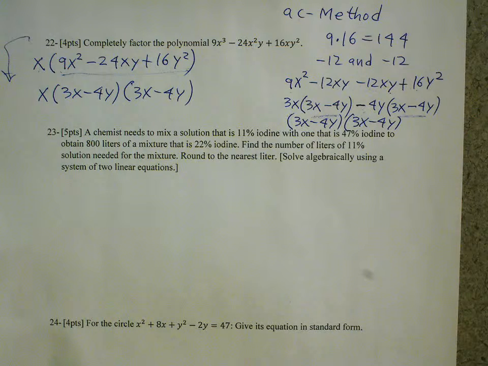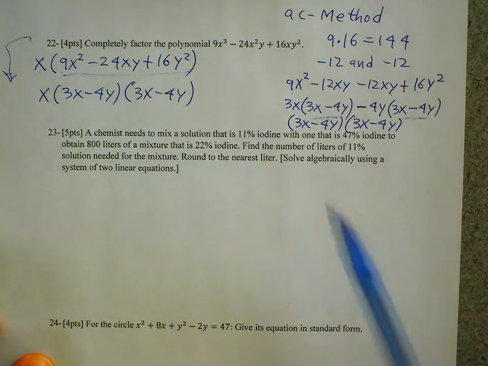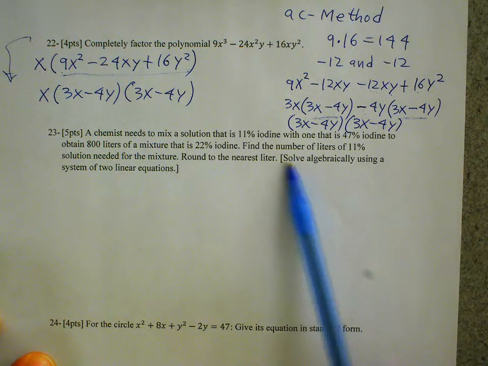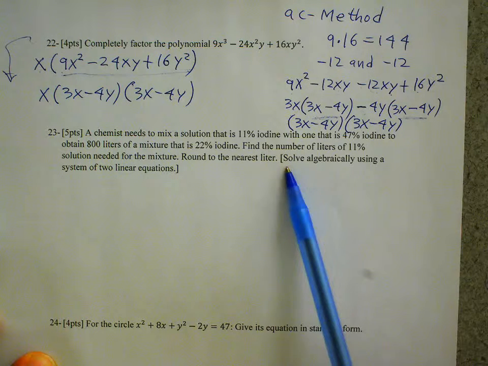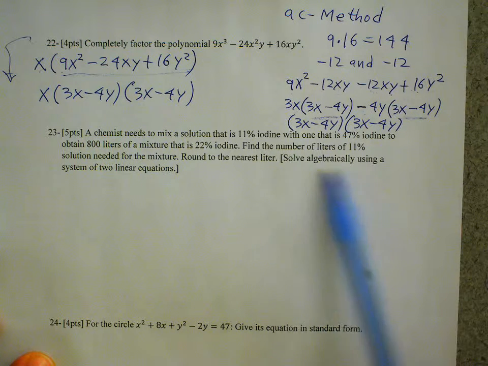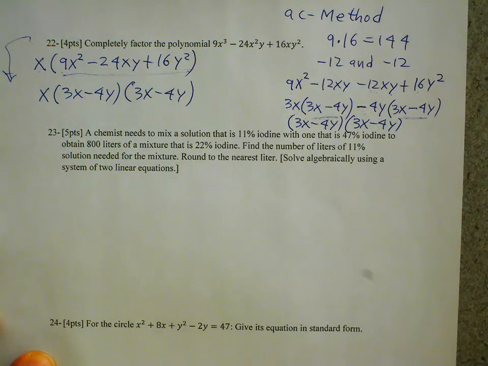Find the number of liters of the 11% solution needed for the mixture. So here's, in brackets, a little bit more information: solve algebraically using a system of two linear equations.